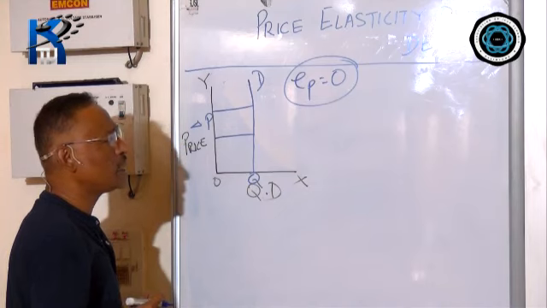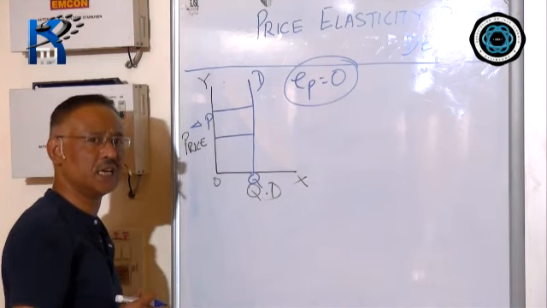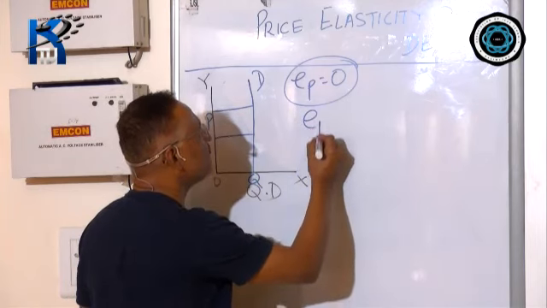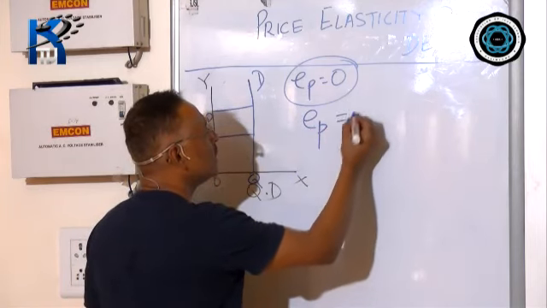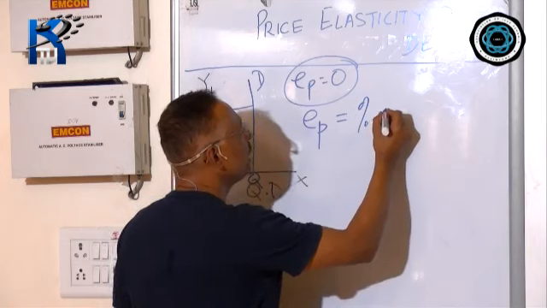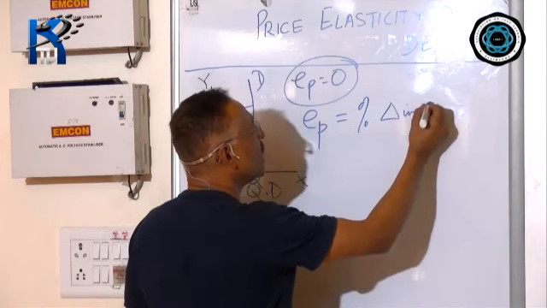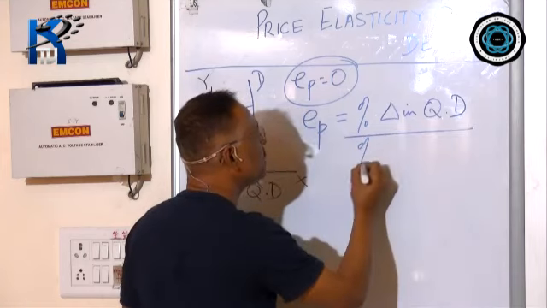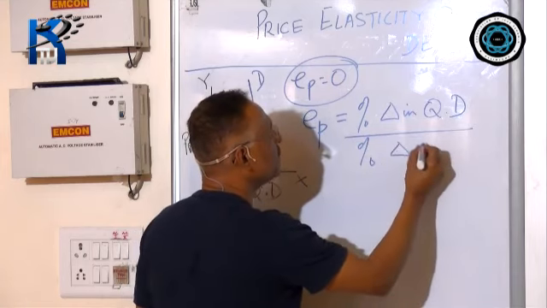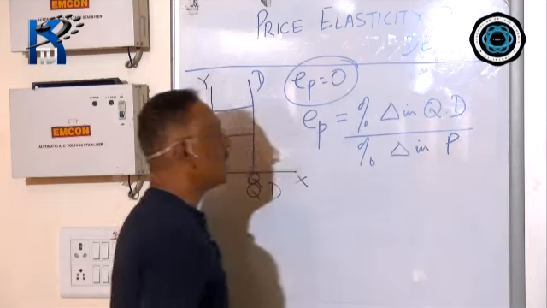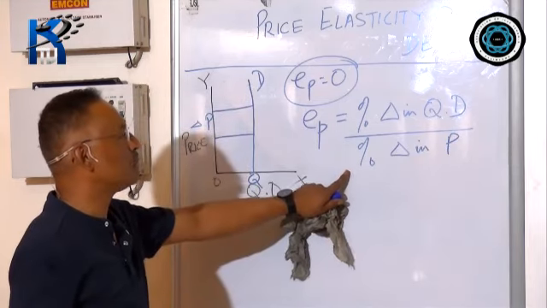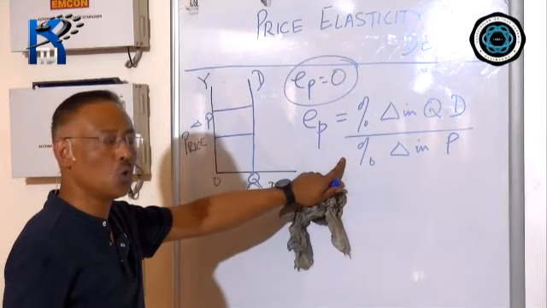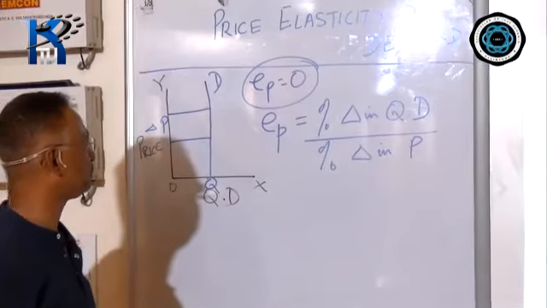The formula is the price elasticity of demand percentage formula: price elasticity of demand is equal to percentage change in quantity demanded upon percentage change in price. You have to know this to understand this.